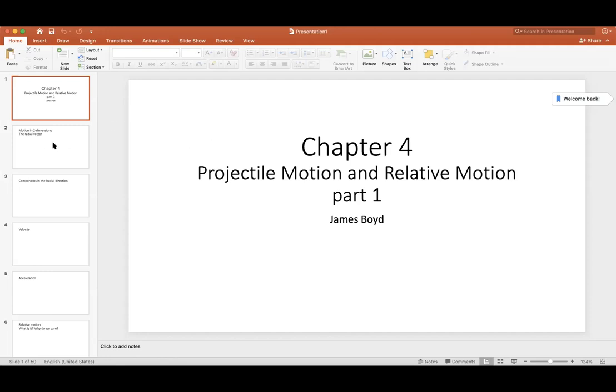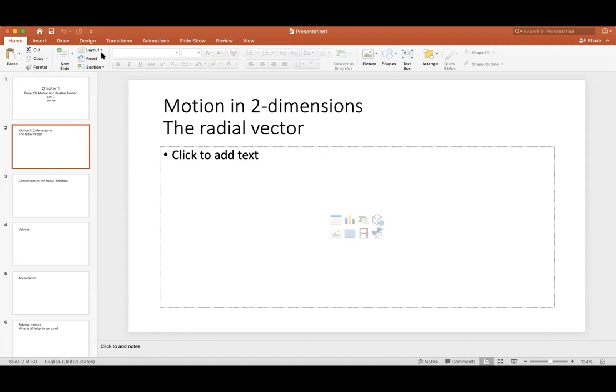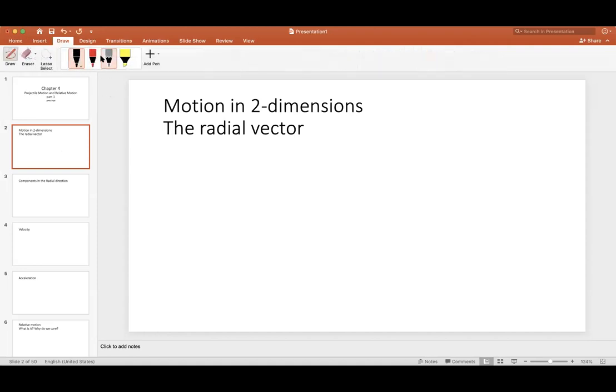Okay. So when we talked before about position and vectors and velocity and average velocity and acceleration, we need to kind of change that a little bit.